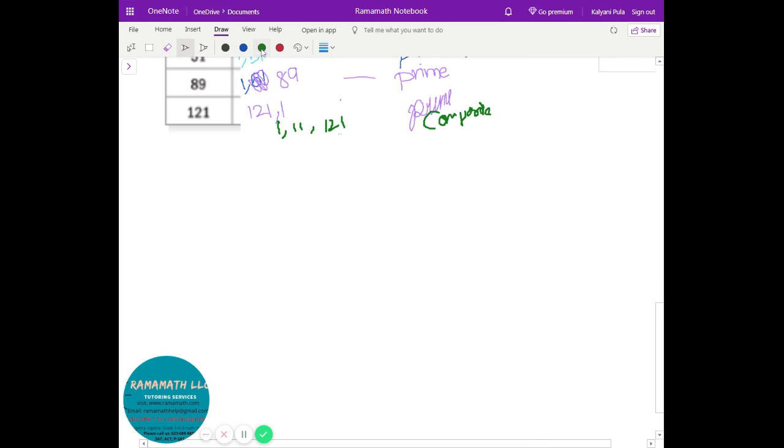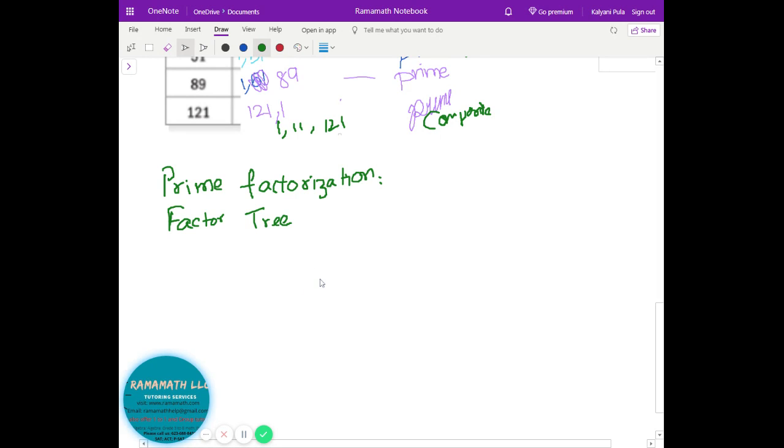The next thing we're going to look at is prime factorization. You can use a factor tree. The factor tree is one way we can find all the prime factors and write the prime factorization.